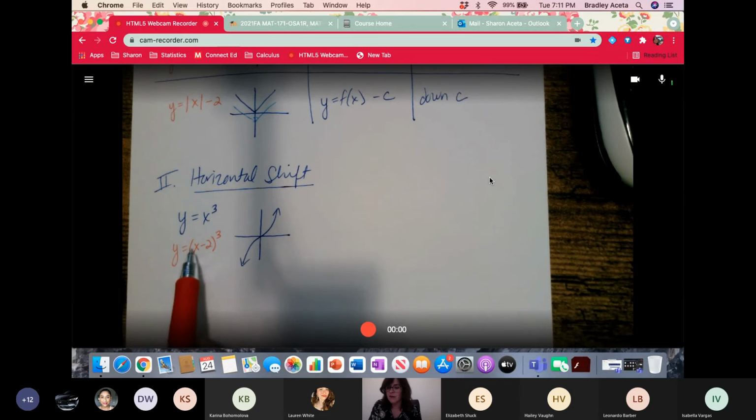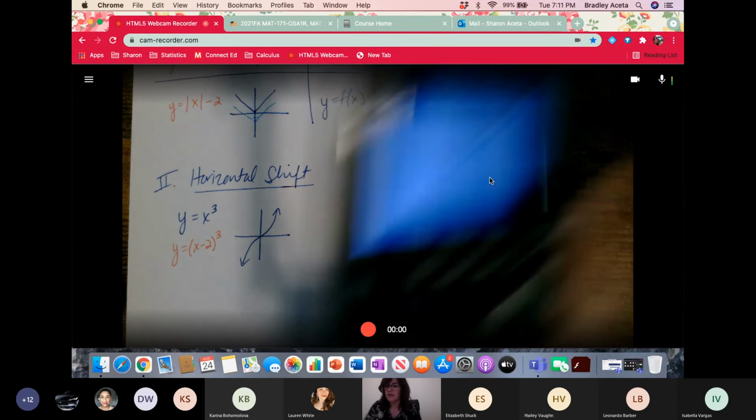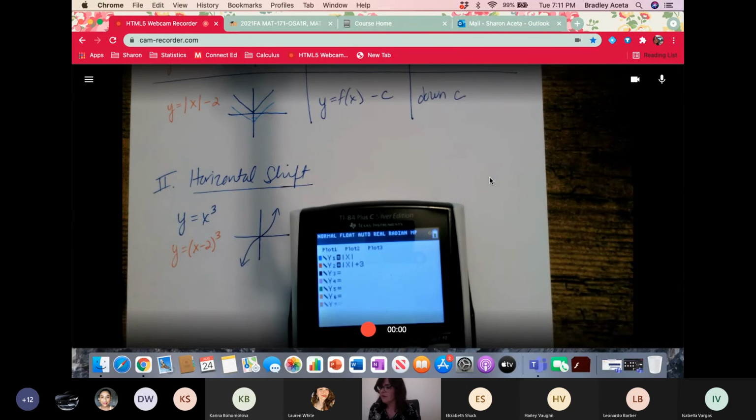I'm still cubing x, but I'm putting a -2 inside of it. So let's see what happens there. So again, I'm going to put the parent on y1, so x cubed. And then here, I'm going to put parentheses x minus 2 cubed. And let's hit graph and see what happens.